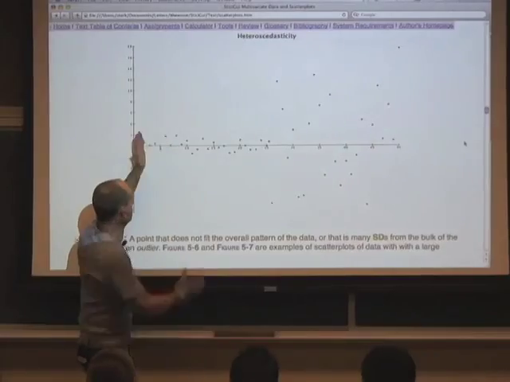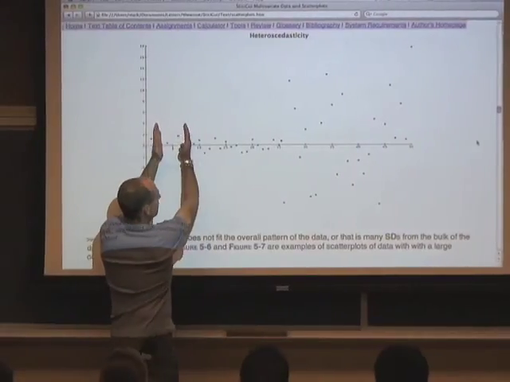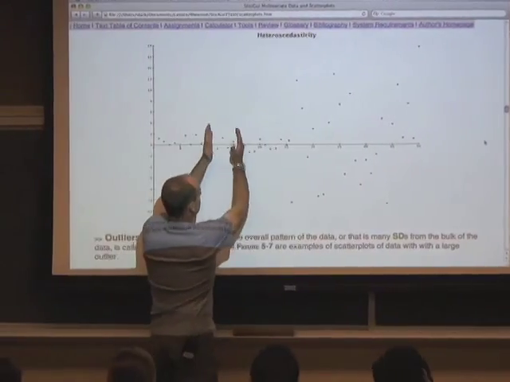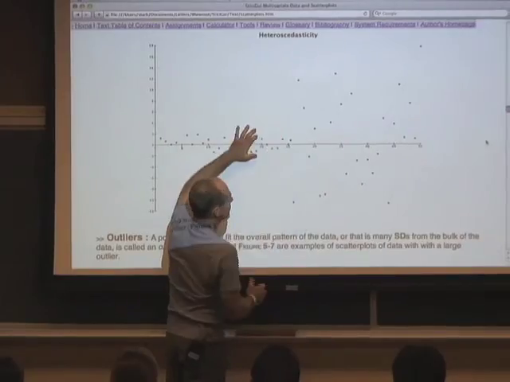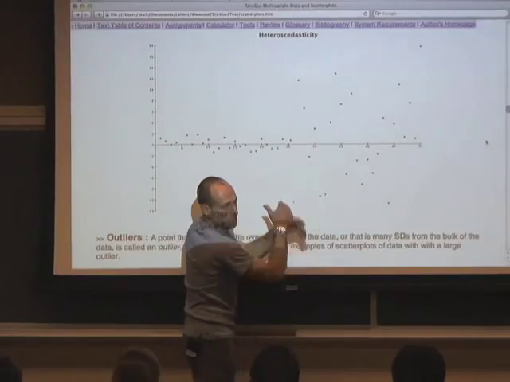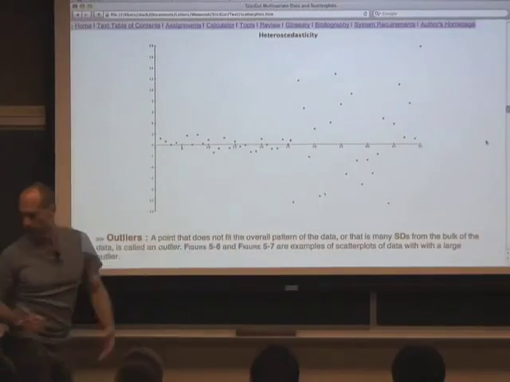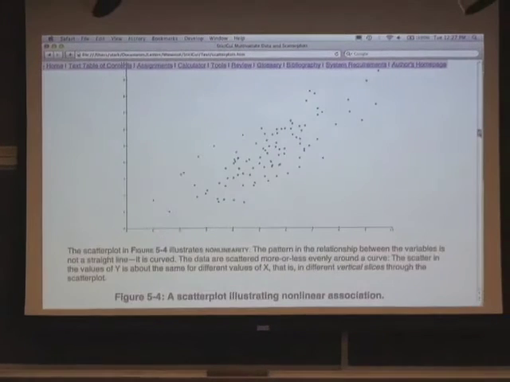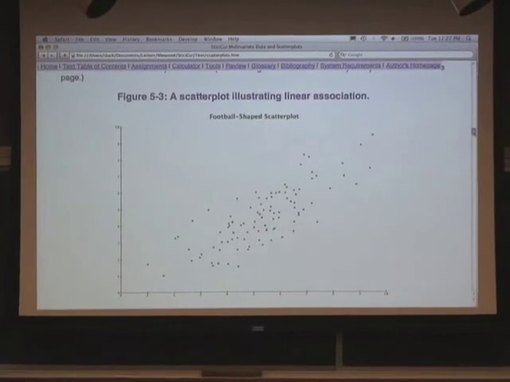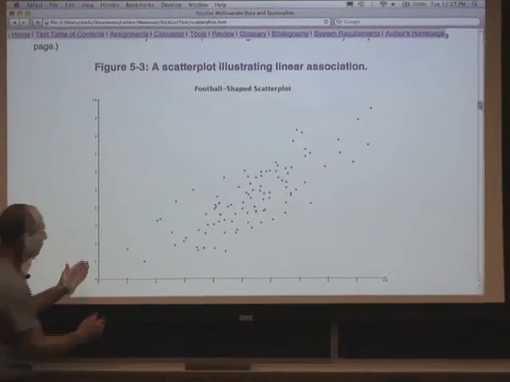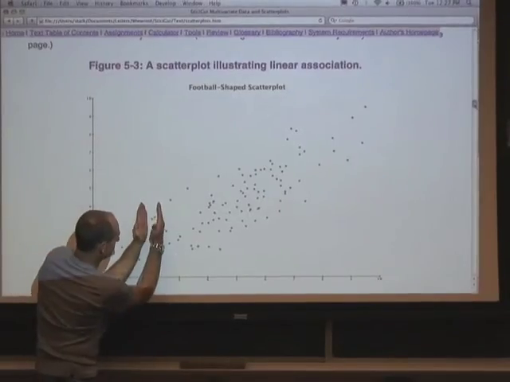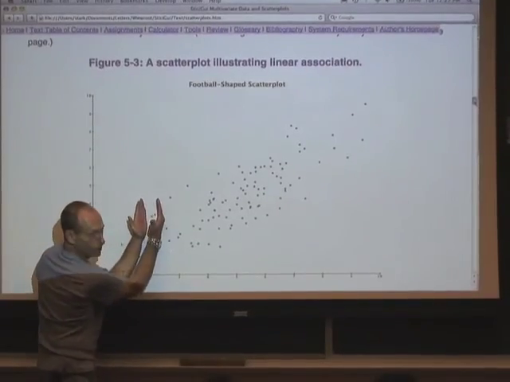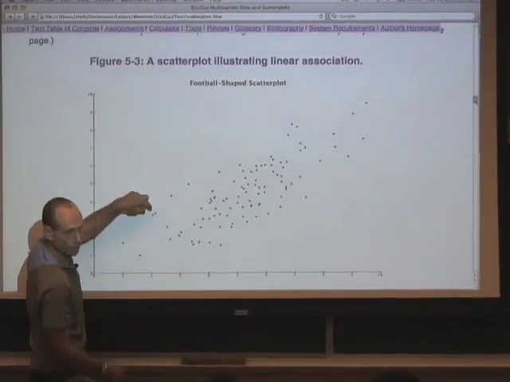What matters is that if you take a vertical slice through this, some vertical slices have a lot less scatter than other vertical slices. When you try to eyeball the amount of scatter in a vertical slice, you need to take into account how many points there are in that slice. So if I made the slice so narrow that I only got these 2 points, it wouldn't look like much scatter at all.